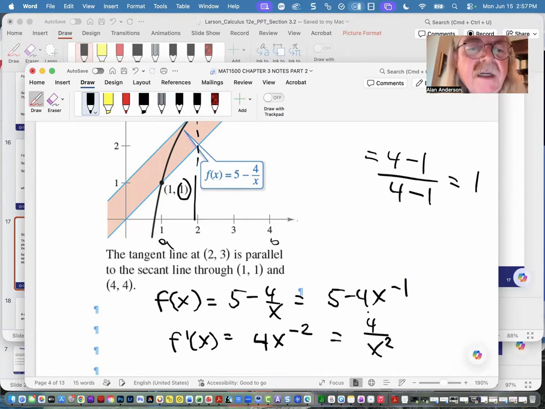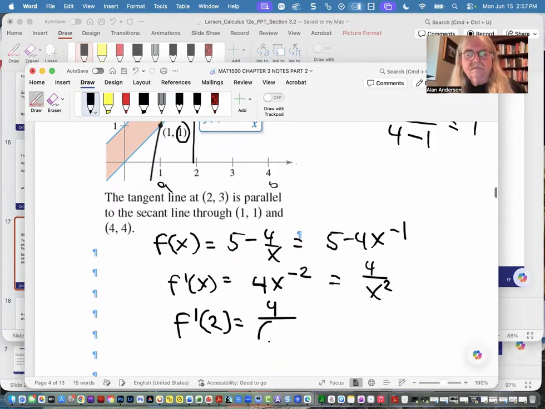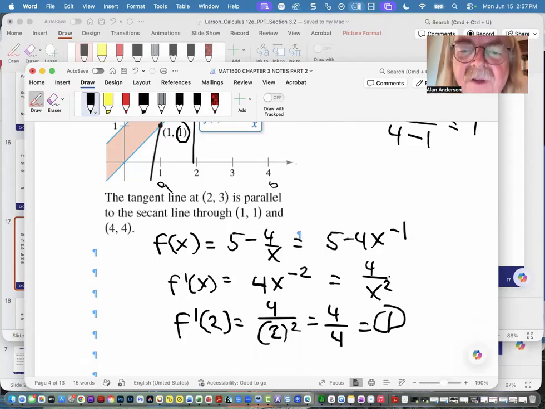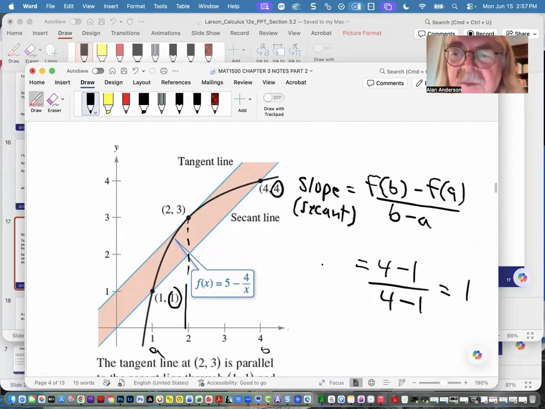And when x equals 2, we end up with 1, which is exactly what we were aiming for. Okay. So what that also means in turn is, the two slopes will be the same. Now it doesn't mean the slopes will be 0. So we're not guaranteeing the existence of a minimum or a maximum.